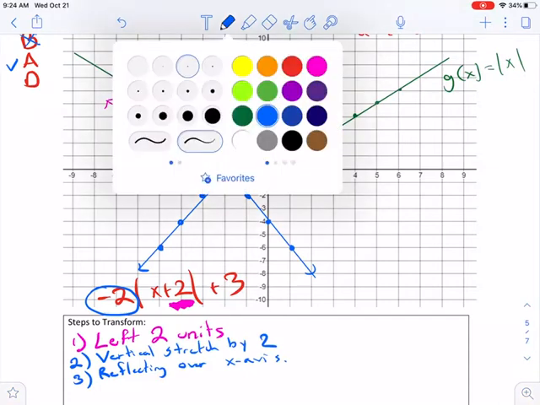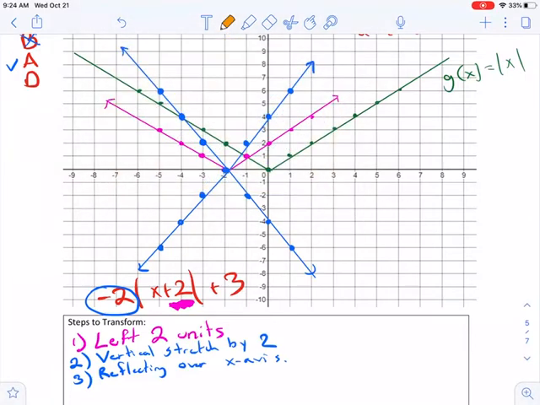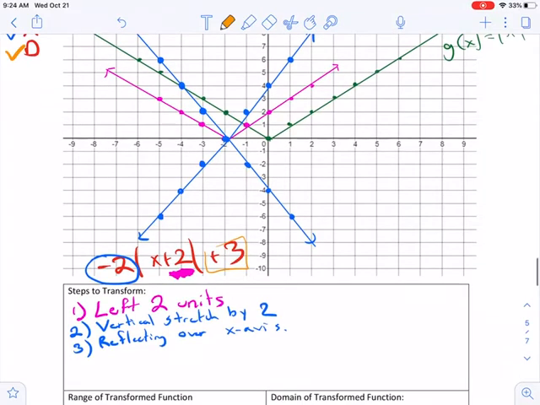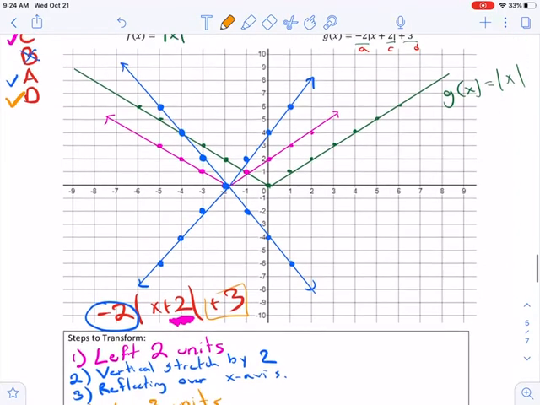The last thing that I need to do, and we'll go with a nice little orange color here, is to conduct this D value adjustment. So that D value adjustment is going to be up 3 units. And that's going to be my final graph. So that orange graph is going to be my final graph.